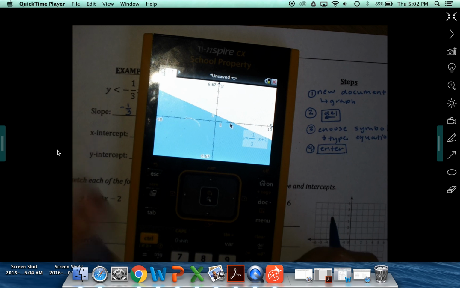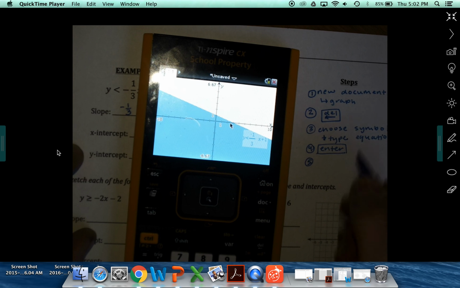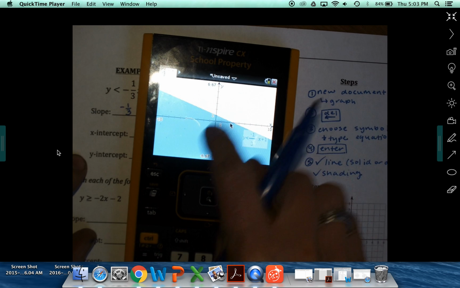Now there are two things that we need to check. My last step here is you need to check your line. It's either going to be solid or dotted. And you need to check the shading. Is it above the line or below the line?